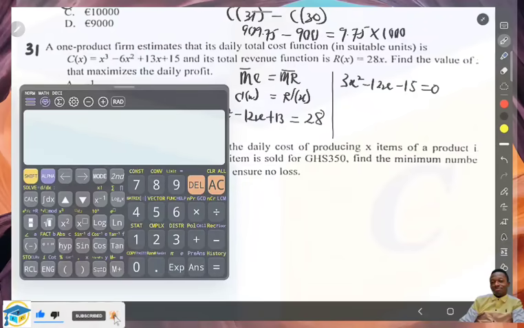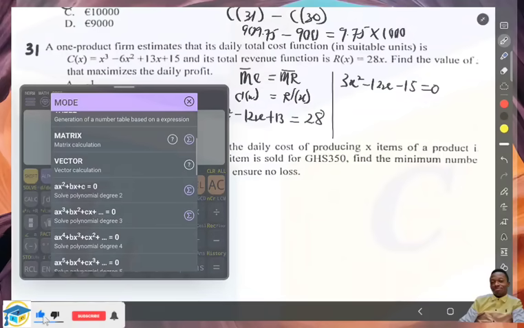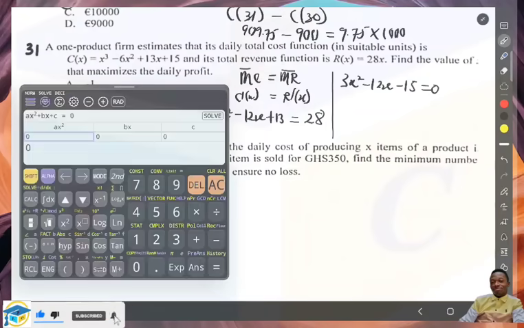So we take our calculator, go to mode, select 5, and locate aX squared plus bX plus c. Here the coefficient of x squared is 3, the coefficient of x is negative 12, and that of the constant is negative 15.